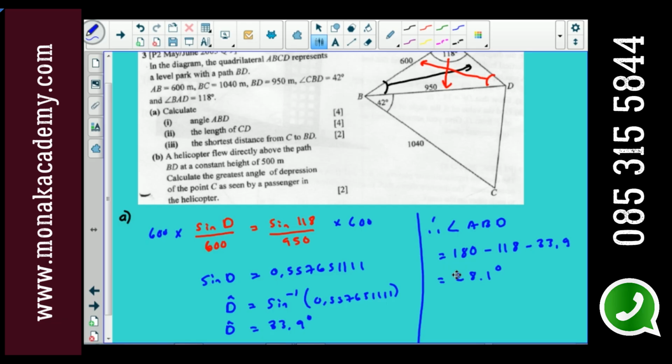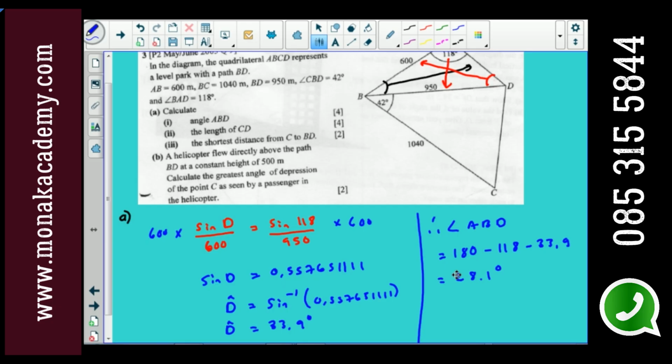First of all, we tried to calculate angle B directly using sine or cosine rule, and we failed because for angle B, both the angle and the side which was opposite to that angle were not given. So it was impossible to find B directly using sine rule or cosine rule.